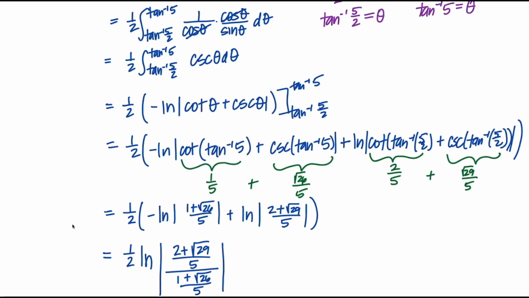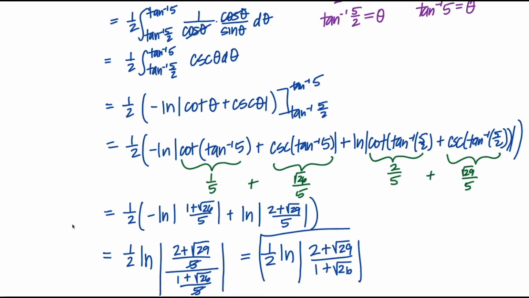All right, well, they're both divided by 5. So if I multiply by the reciprocal, I would see that those cancel. So my final simplified answer here is 1/2 natural log of 2 plus the square root of 29 over 1 plus the square root of 26. Whoops, I was about to put plus c, but this is a definite integral. So that's it. That is the answer.